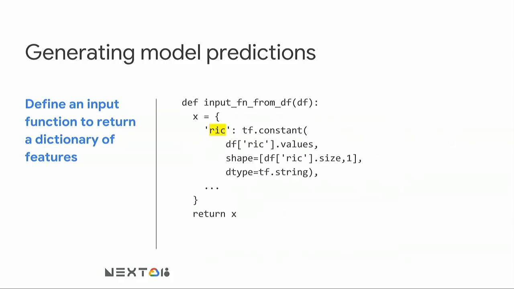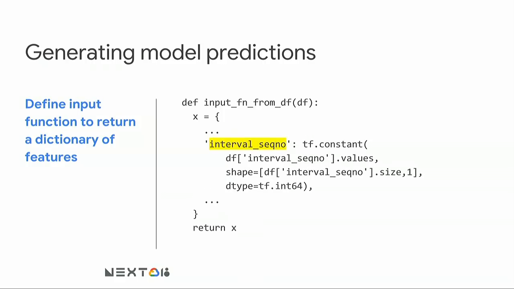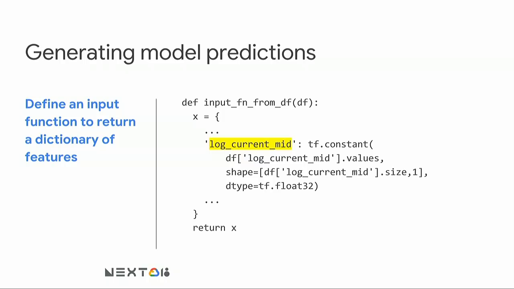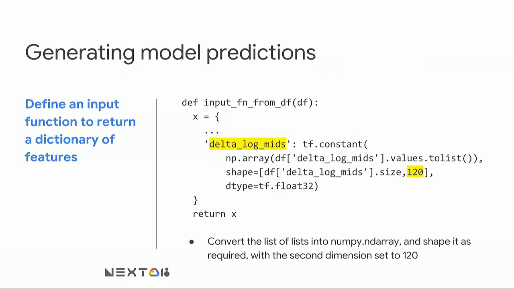So we have RIC, interval sequence number, sum of interval volumes, log of the current mid, and the log mid data, where the second dimension is 120. There is a slightly different transformation here, because first we need to convert the list of lists into a NumPy multi-dimensional array, and then we shape the array as required with the second dimension set to 120.